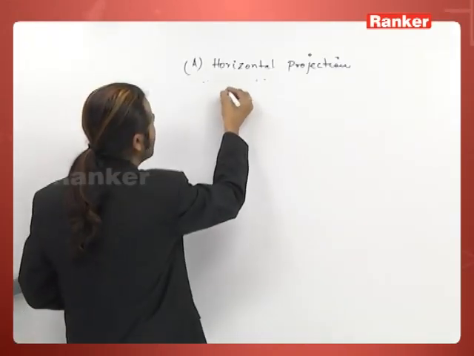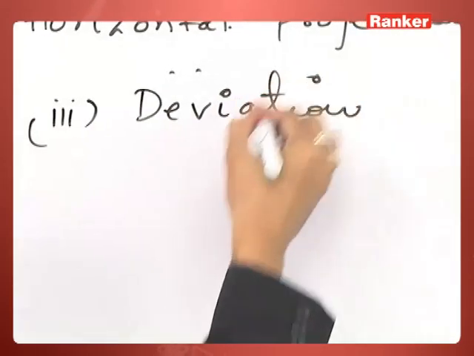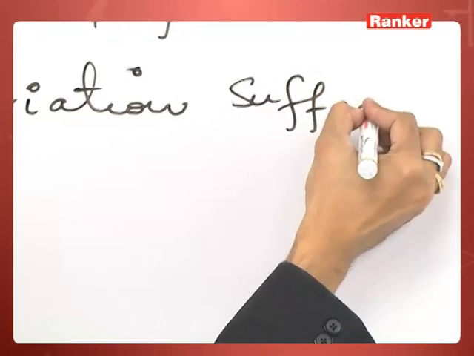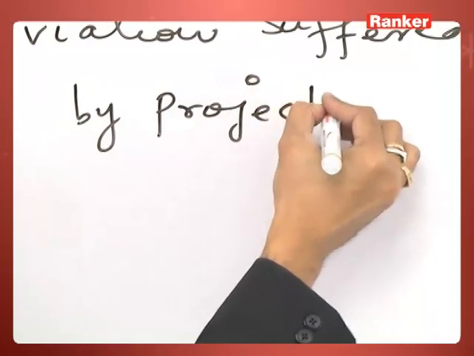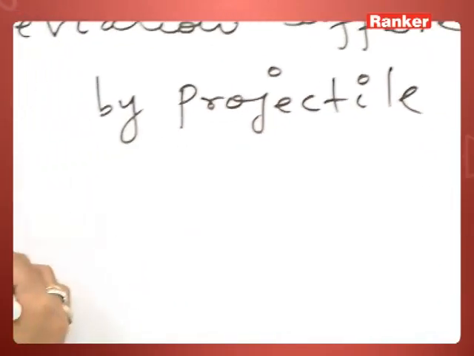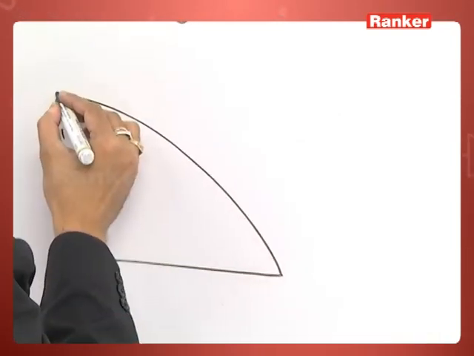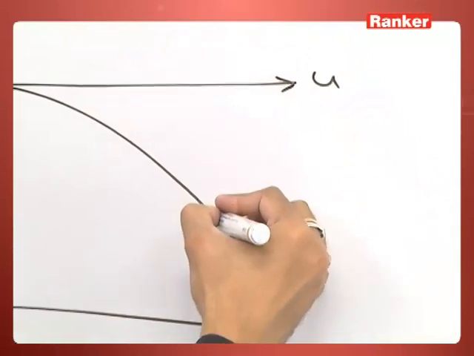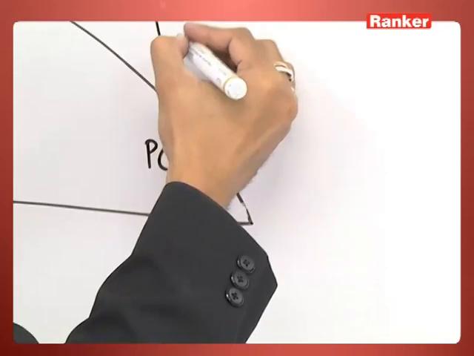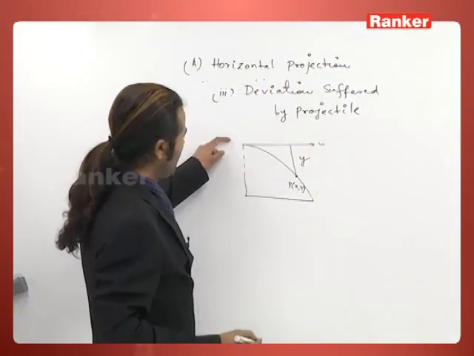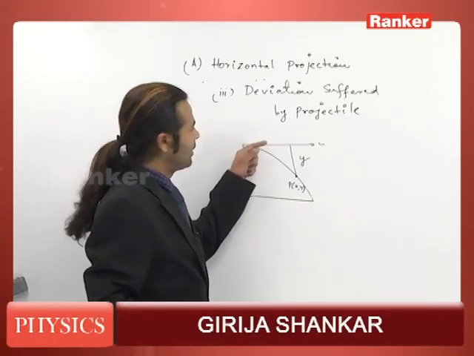The third point is the deviation suffered by the projectile. Now, if there would not have been any gravity, this particle would have been going straight forever.